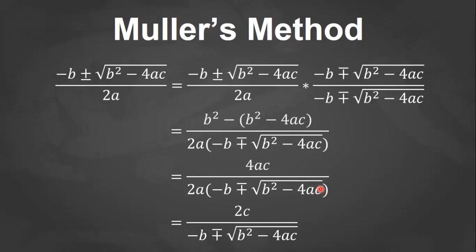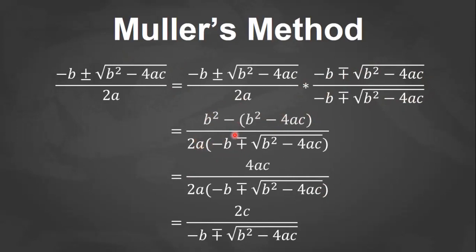Okay, just in case lang nga you also wanted to know how to come up with the alternate form from the conventional form sa quadratic formula, then this is one way to derive it. So, ato lang i-times ang negative b minus plus square root of b squared minus 4ac, over the same thing. Then, so makuha ni b squared minus 4ac.